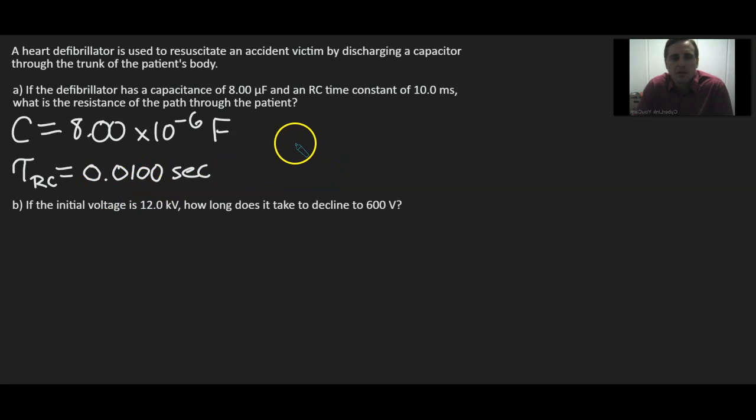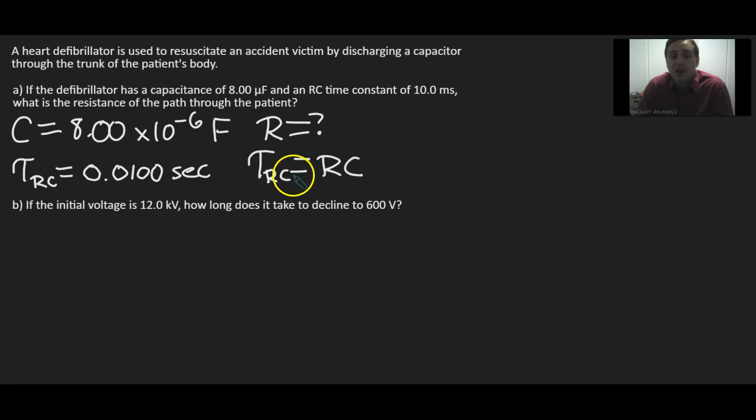Okay. We're looking for the resistance. Well, the nice thing about the RC time constant is that the RC time constant is exactly equal to R times C. It's almost what you'd expect, resistance times capacitance.